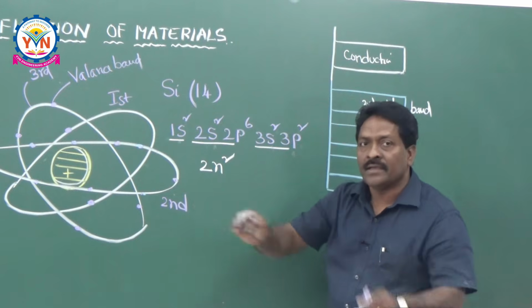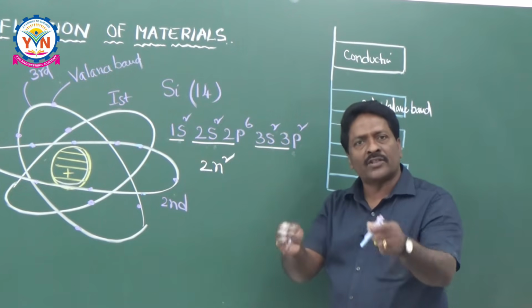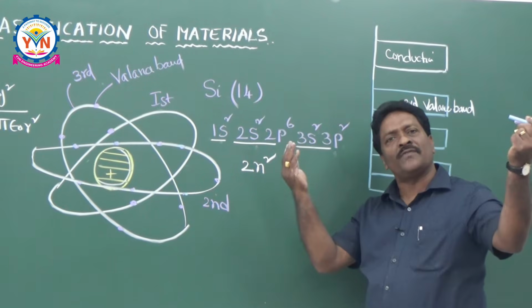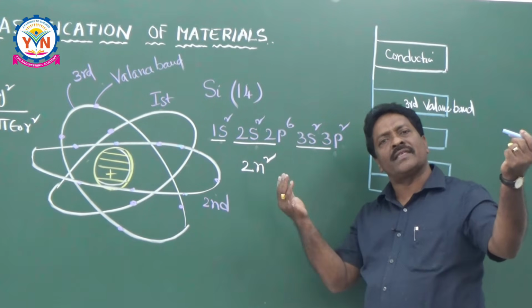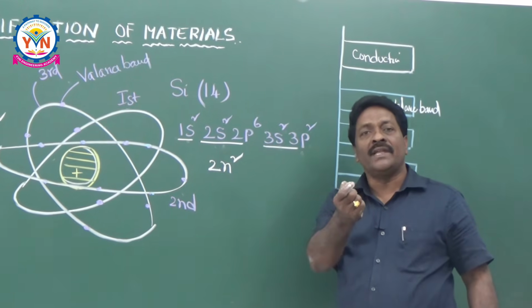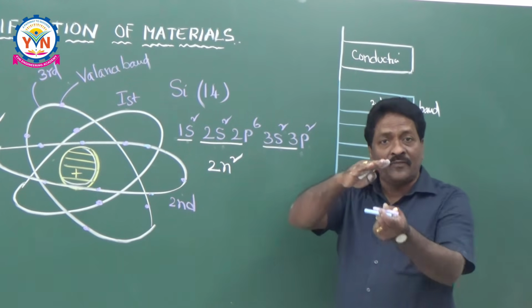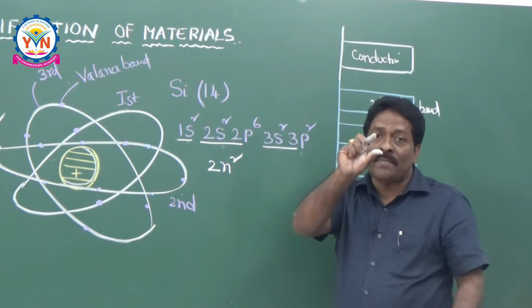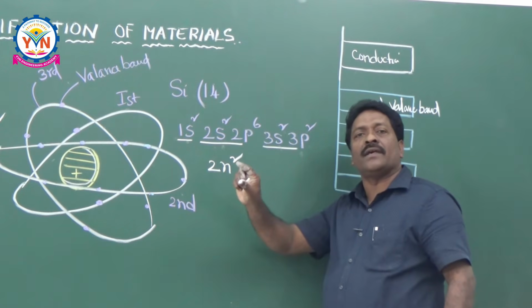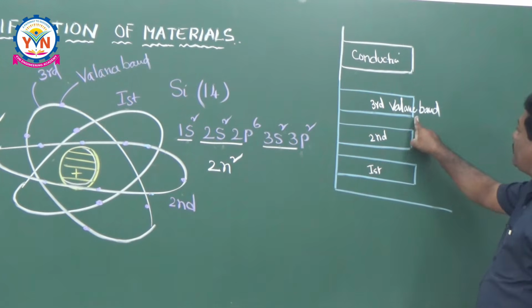If you take a solid, it may have millions of atoms, with millions of electrons in the first orbit and millions of electrons in the second orbit. All these electrons do not have the same energy level. They will have different energies. That band of energies I can write down. A group of energy levels I can call a band.